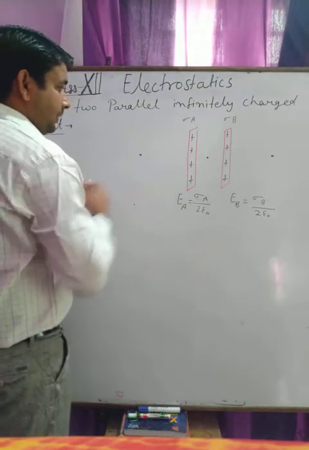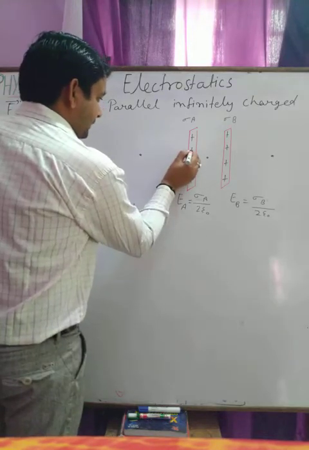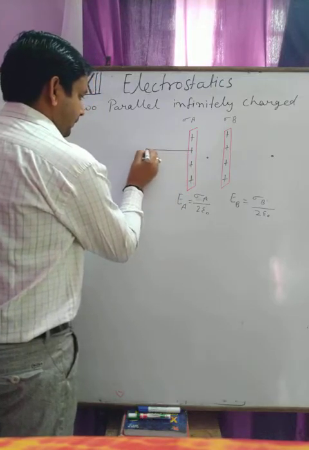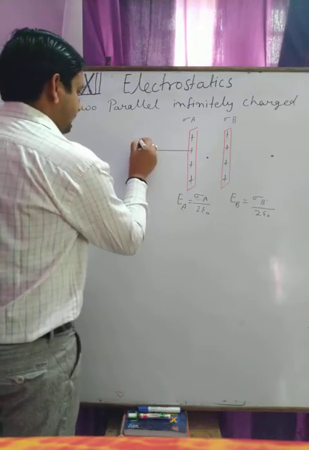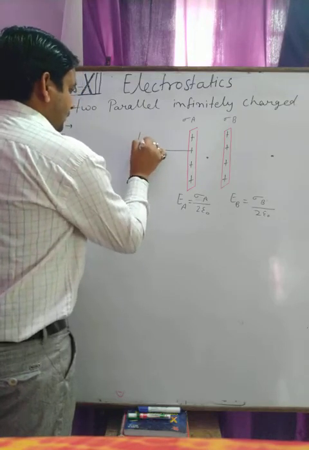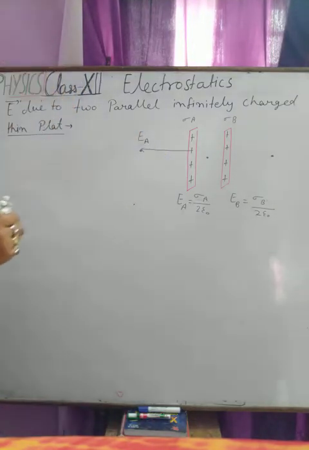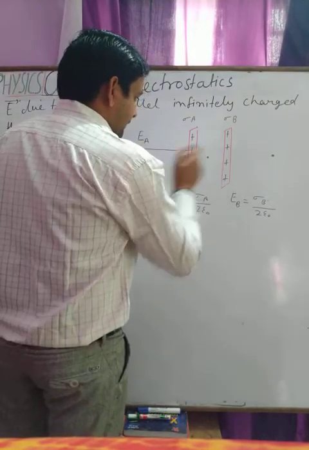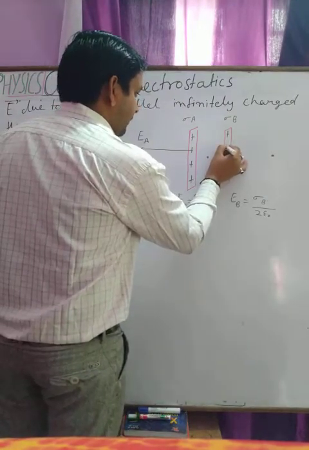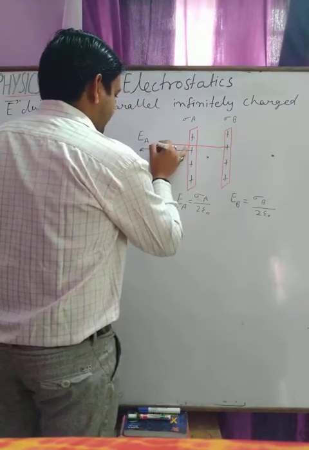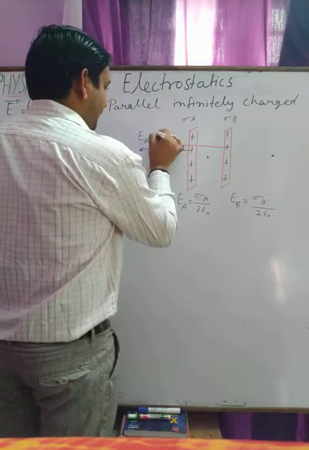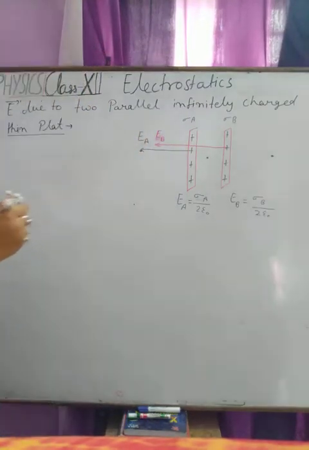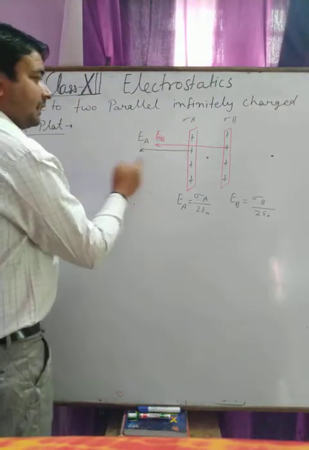Electric field due to this plate A at this point is EA, student. And electric field due to the second plate, again a repelling electric field, that is electric field EB. It is clear, and both the fields are in the same direction.